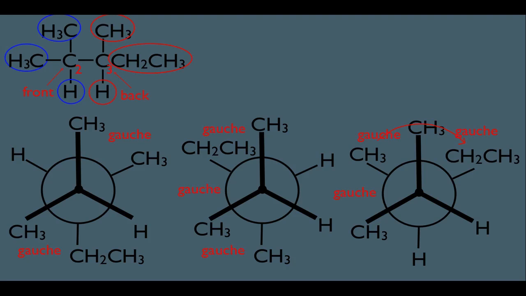So that means we've exhausted all of our possible staggereds here. This is number 1, let's say. This would be our second one right here. And this, of course, is our third one. The reason why this is important is because if we're doing a conformational analysis and they're asking us about, let's say, the highest or lowest energy staggered, then you should always aim for the 3 staggered structures, in the sense that you're thinking about these 3.